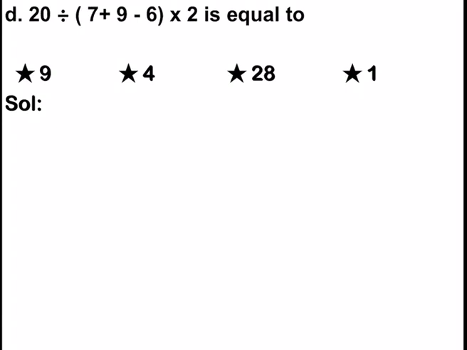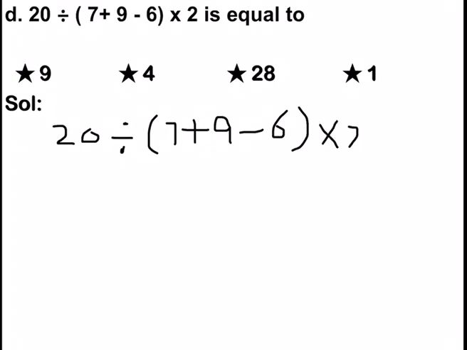Now part D, and the value of part D is 20 divided by bracket 7 plus 9 minus 6 bracket close multiplied by 2. In this part we have 4 options.